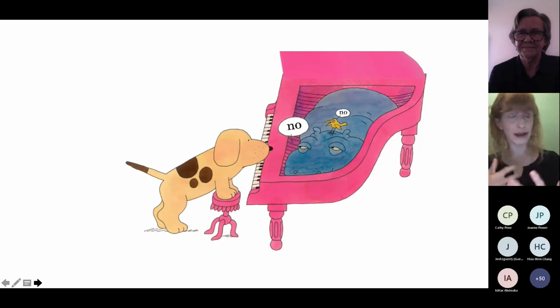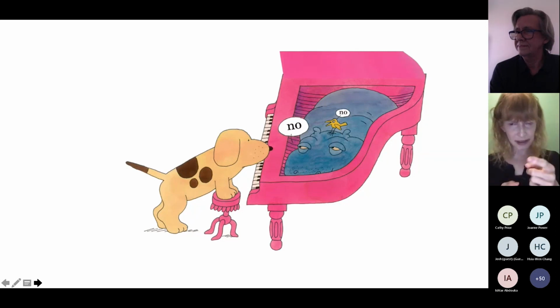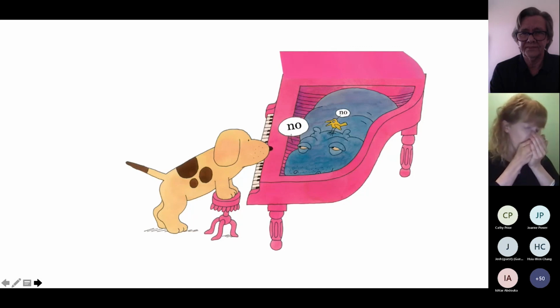Depending on the language level of the child, we might then spring off of that conversation into something else. Have you seen a hippopotamus before? Where did you see a hippopotamus? Or questions like that.